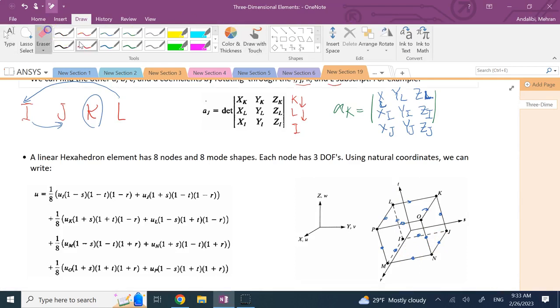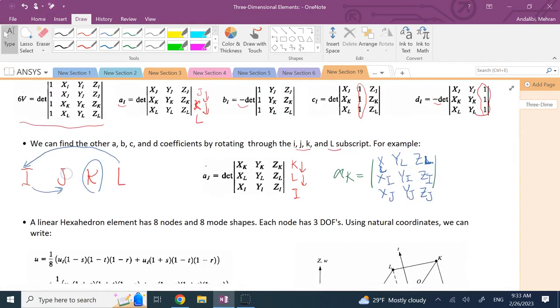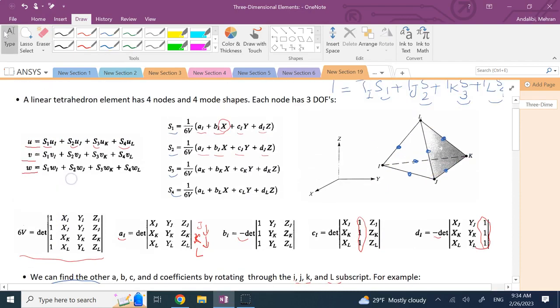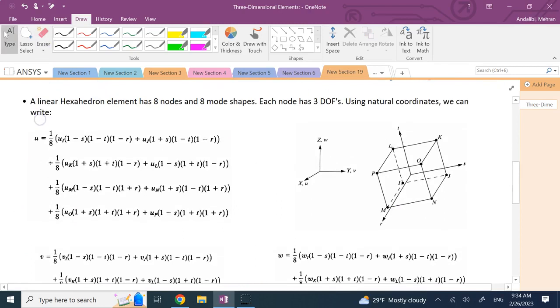Now, for this case, it is easier to write it in terms of the natural coordinates instead of the global coordinates. Remember, for triangular elements and tetrahedrons, which is like the 3D version of that, it's always easier to use global coordinates. But for the quadrilateral and the 3D version, the hexahedron, it's easier to use the coordinate at the center, which is the natural coordinate.